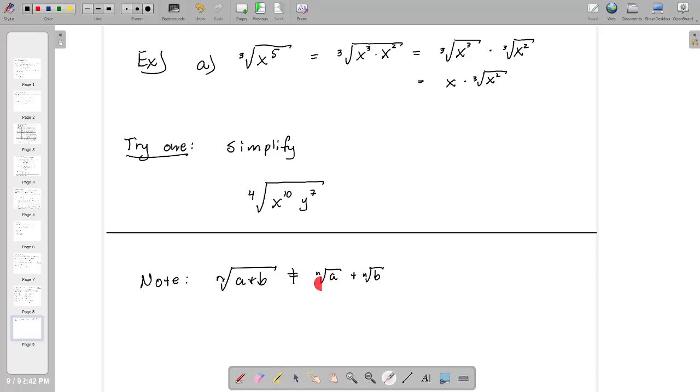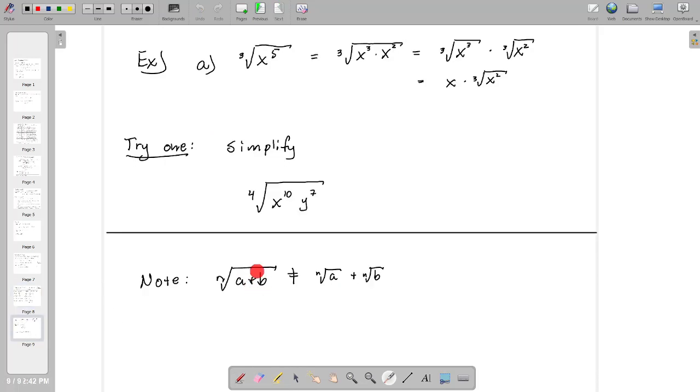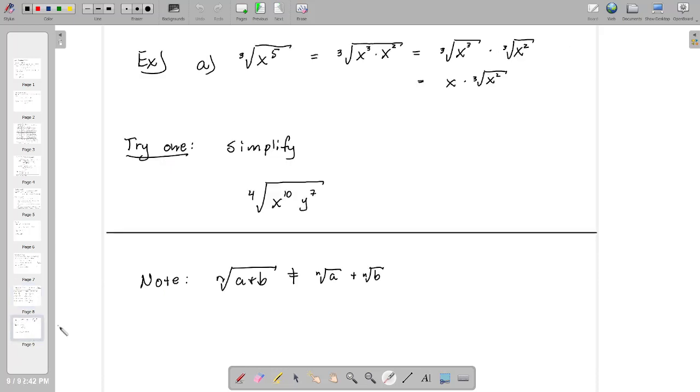These two things are not equal. There's no rule that describes a sum underneath the radical, because it won't simplify. There is no sum under a radical, only multiplications and divisions. So do not do this. Do not make these two things equal.